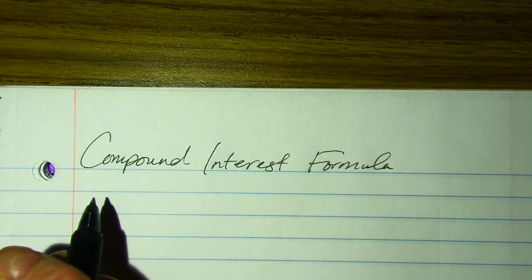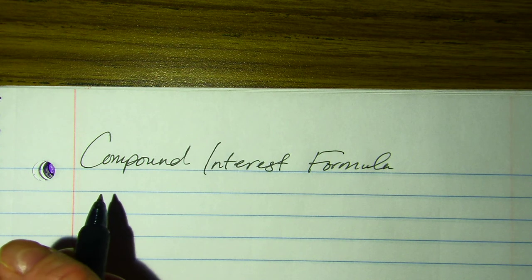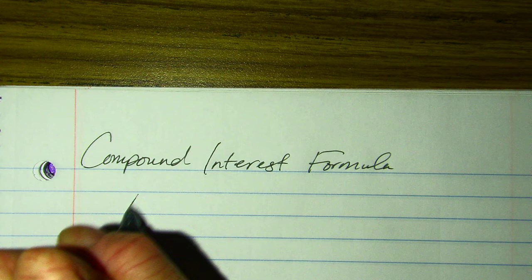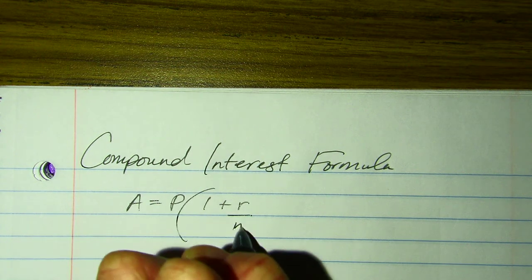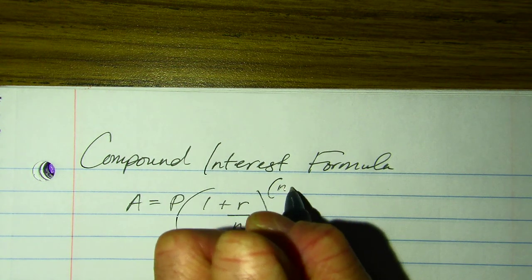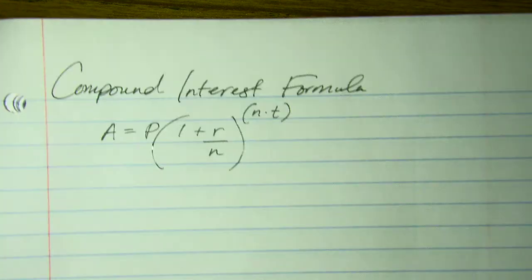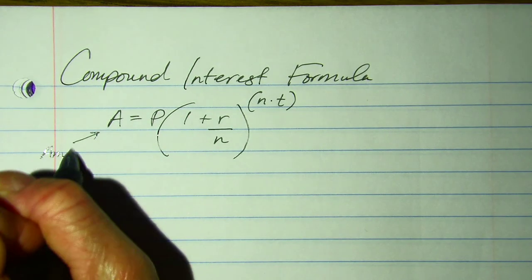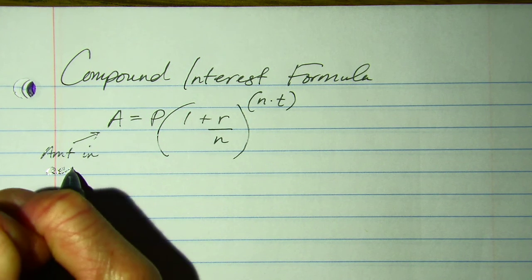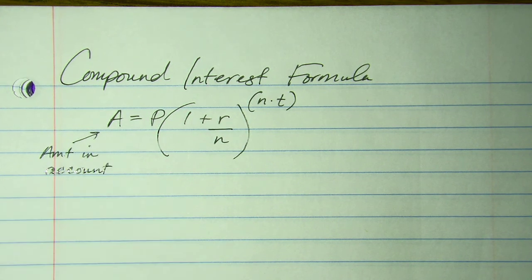So the compound interest formula is the following. I have A equals P times 1 plus R divided by N to the N times T. I'm going to break this formula down for you. A is the amount in our bank account or investment account, okay?